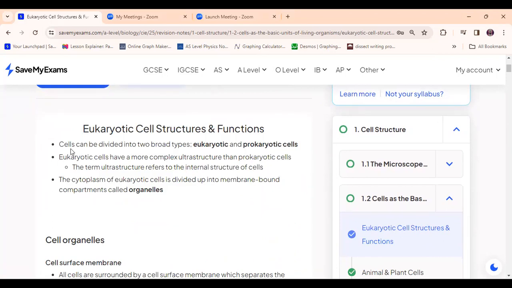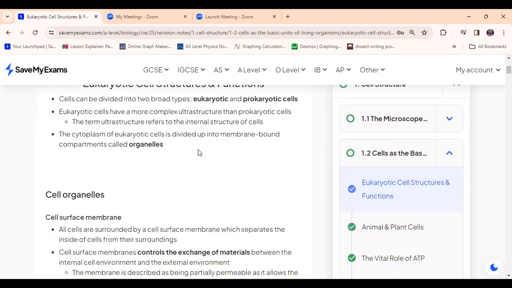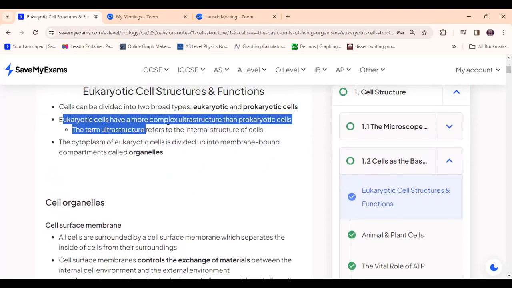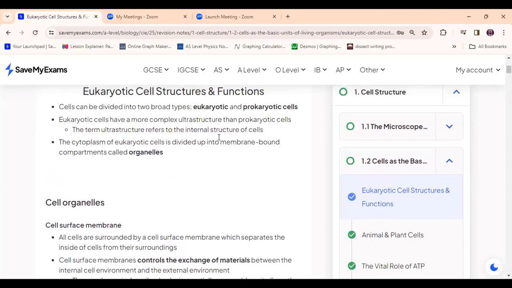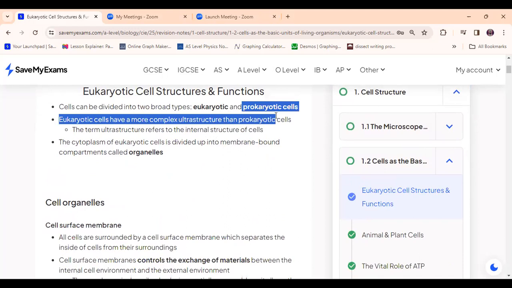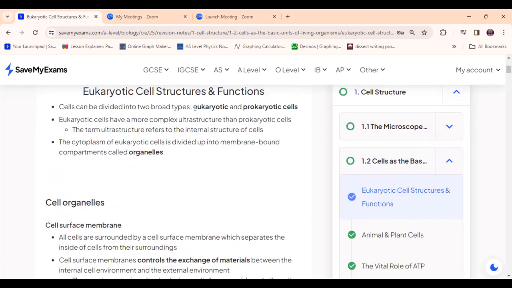Anyway, cells can be divided into two broad categories, that is eukaryotic cells and prokaryotic cells. Eukaryotic cells have a more complex ultrastructure as compared to prokaryotic cells. Prokaryotic means they don't have a true nucleus.